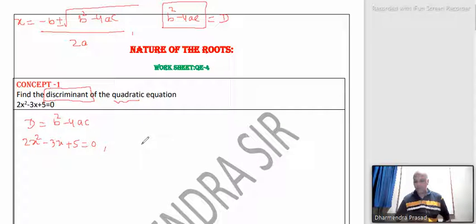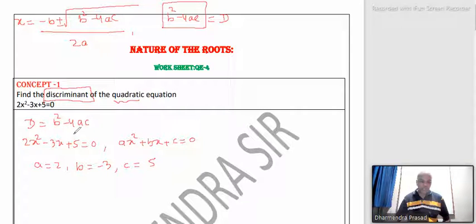Comparing with the general form ax square plus bx plus c is equal to 0, we see that a is equal to 2, b is equal to minus 3 and c is equal to 5.